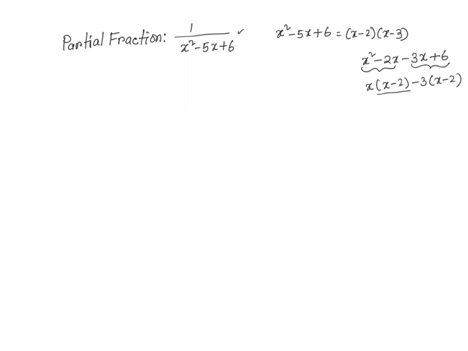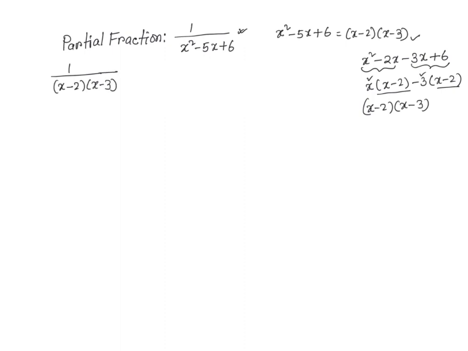Now I have an x minus 2 in the first expression and x minus 2 in the second one, so I could factor out x minus 2. That's going to leave me with x in the first one and negative 3 in the second one. And that's how I get this. So I could rewrite this thing as 1 over x minus 2 times x minus 3.